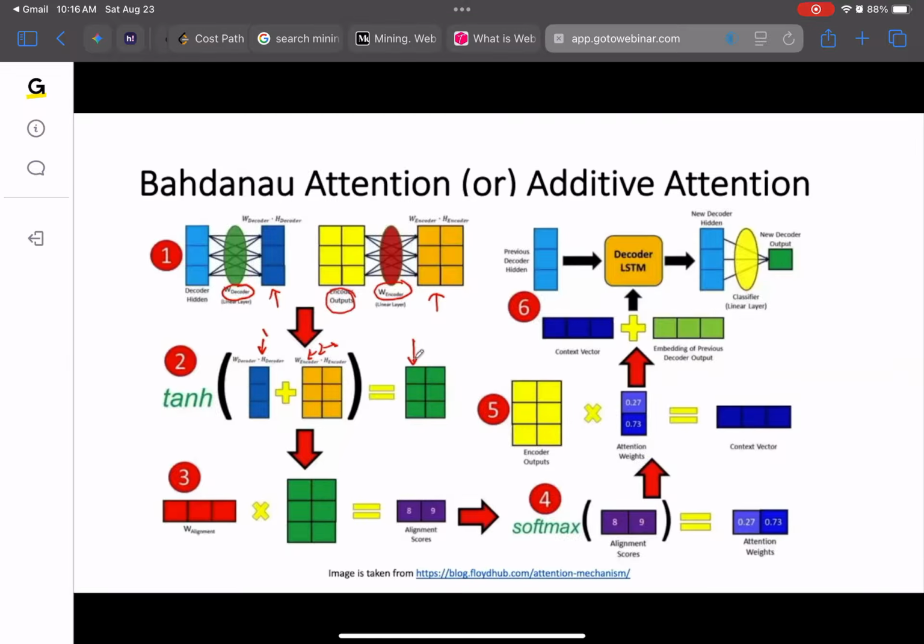Once we have this representation, we also apply tanh to each cell. That is a non-linear activation that we apply. Once again, if there are two encoder outputs, or two input words, the output generated here will have two columns.